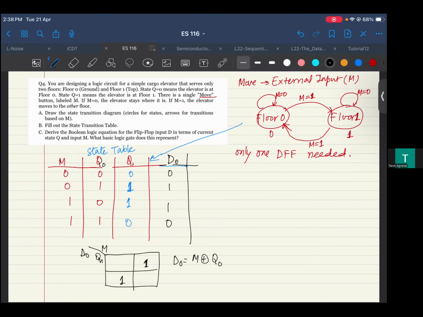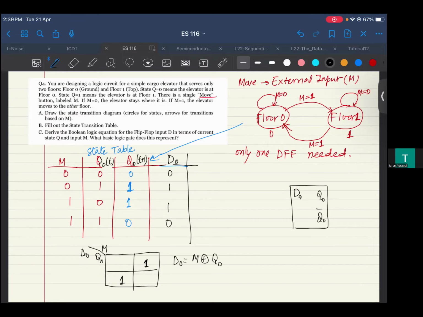Let's say 0, because that is the 0th bit and there is only one bit. So we can say this is at time t, and this is at time t plus 1, which is the next state. So then if one needs to implement this, this is the one flip-flop which I need: D0 input, Q0, Q0 bar.